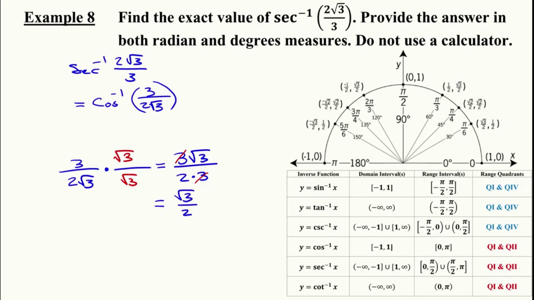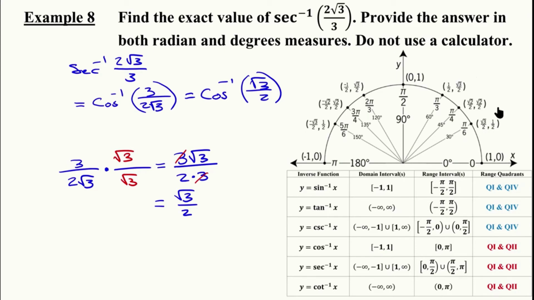So notice this is the same as saying find the inverse cosine of square root of 3 over 2. And remember, that just means find the angle between 0 and pi whose cosine is square root of 3 over 2.